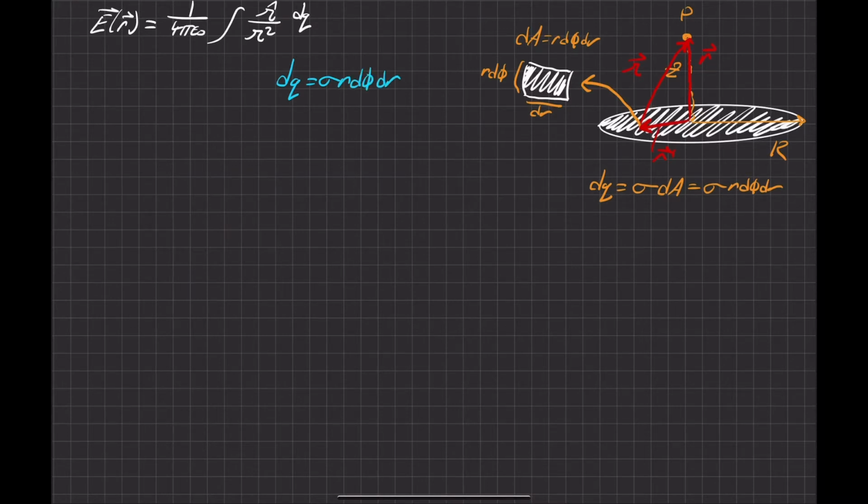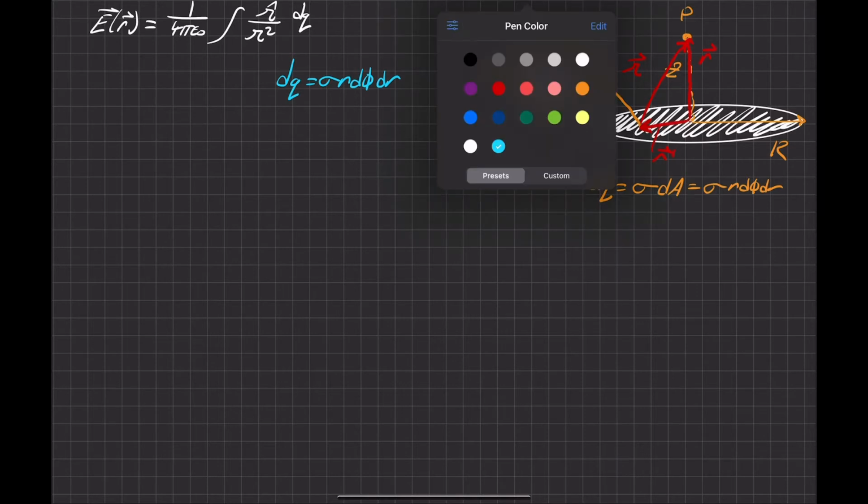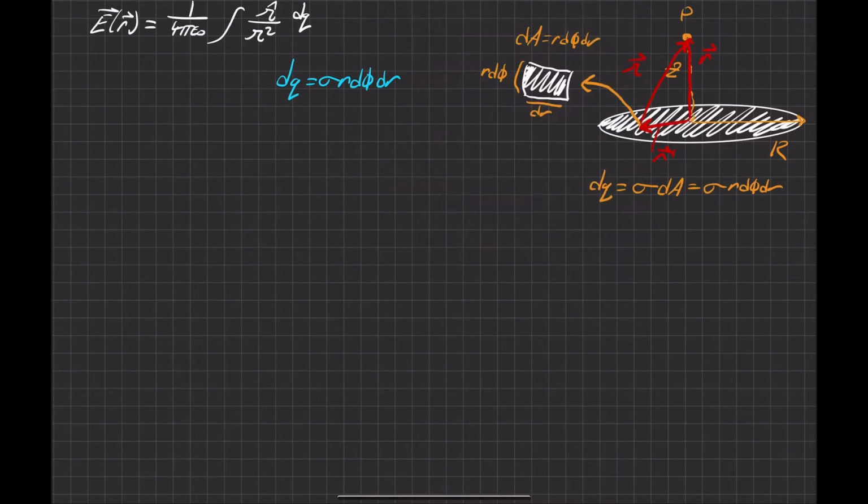Next, we're going to figure out what these vectors are. Let's go ahead and do orange, to be consistent. It's always good to go step by step, make sure we're not going too fast and get lost here. The separation vector is equal to the vector that goes from the origin to the place where we're evaluating the electric field.